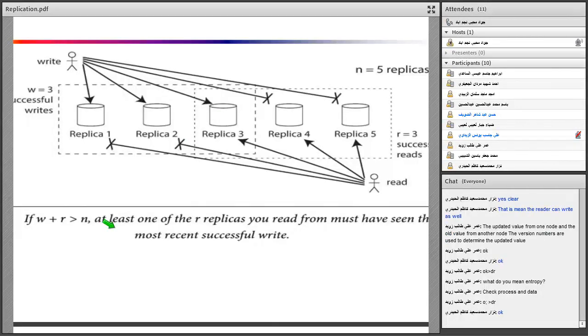By using this simple equation, W plus R is greater than N, where N is the number of replicas, and W and R are the successful writes and successful reads, at least one of the R replicas you read from must have seen the most recent successful write.